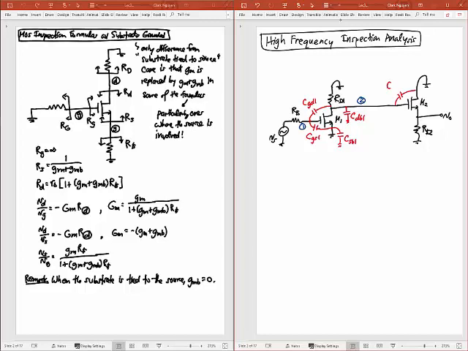So I have a CGD2. I will have a CDB2. I will have a CGS2. And I will have a CSB2. Okay, so those are all the capacitors that I'm going to have to worry about for my high frequency analysis.